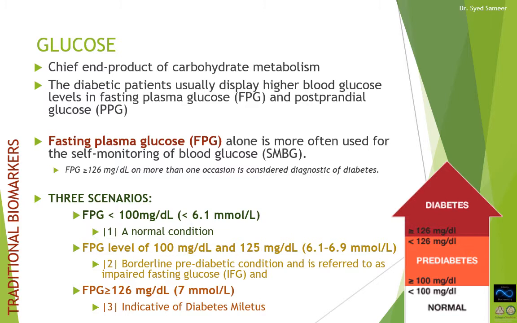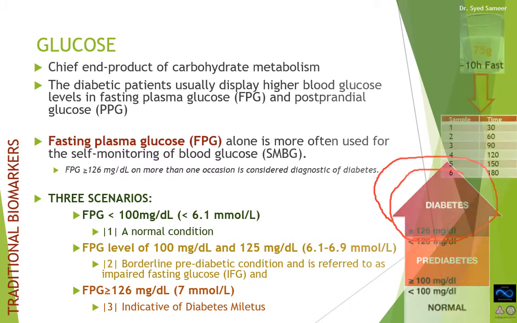And the third condition is when the FPG is consistently greater than 126 milligrams per deciliter. If the levels are greater than 126 milligrams per deciliter on repeated tests, then we diagnose diabetes. This is the classical way we follow in the diagnosis of diabetes.